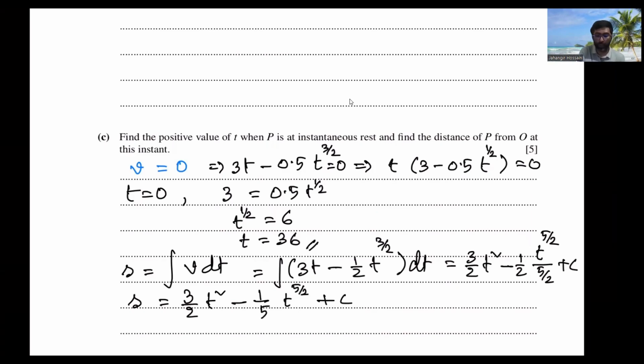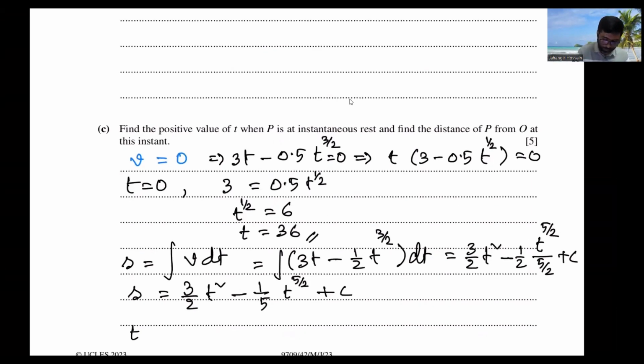So here we'll use the initial boundary condition. What does it say? It says that P starts from the origin. So s is 0 when t is 0, which will give you C equals 0. Now, once you know C is 0, you have to find the value of s when t equals 36. So let's substitute t equals 36 in the expression for s. s is 3 by 2 t squared minus 1 by 5 t to the power 5 by 2.